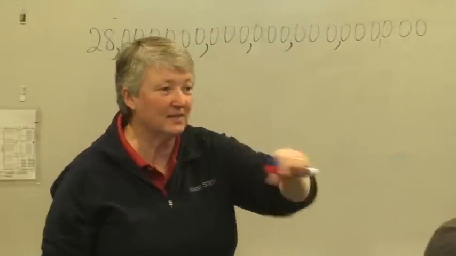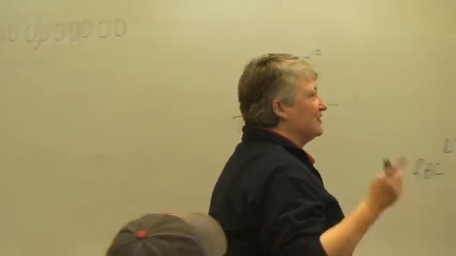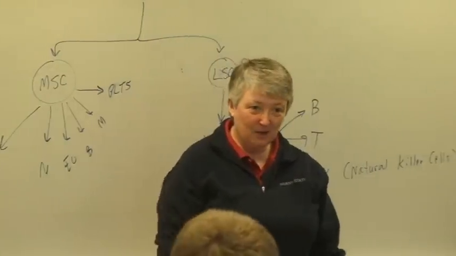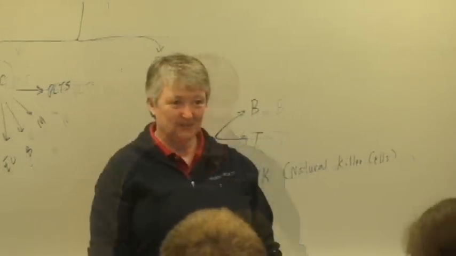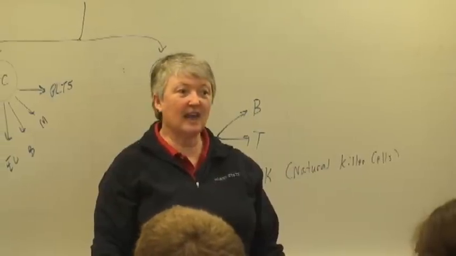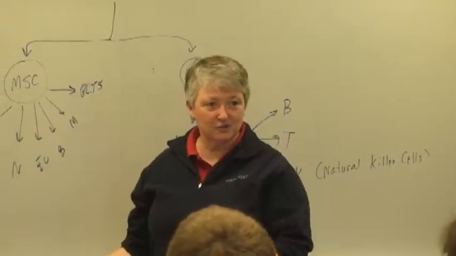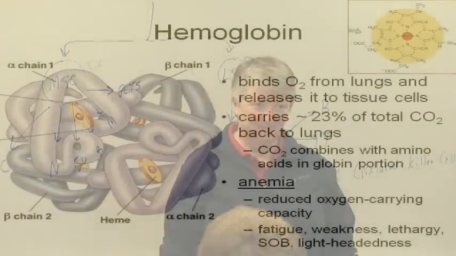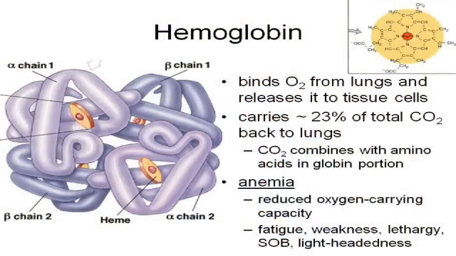Now remember, think about this. Every 60 seconds, every single one of your red cells goes through your body. So that's the maximum amount of oxygen being dropped off to your tissues. Anytime your oxygen sats drop, anytime your blood can no longer carry roughly that much oxygen, you become anemic.